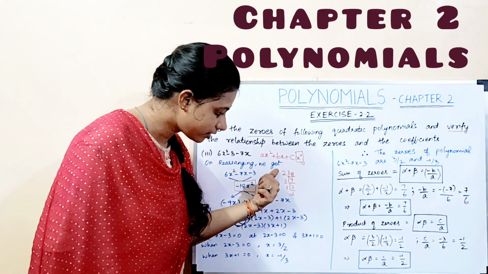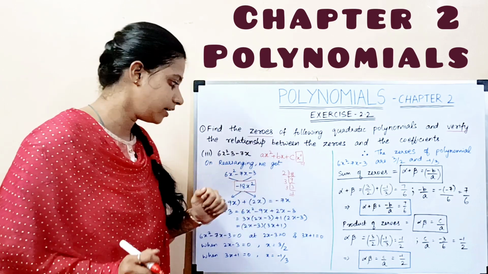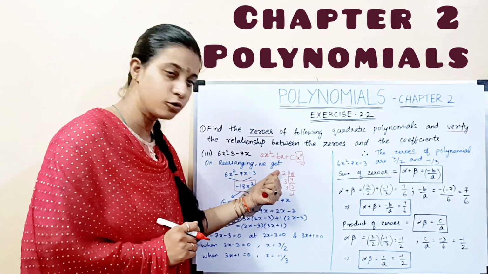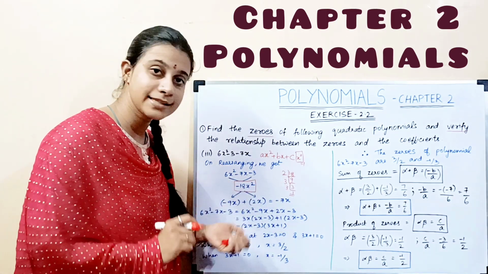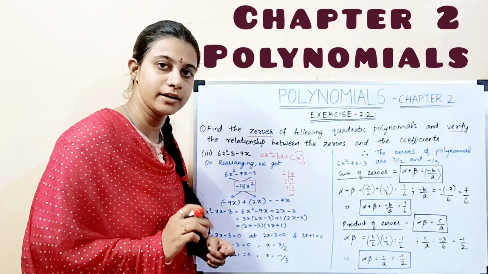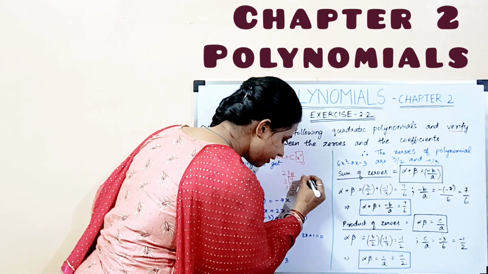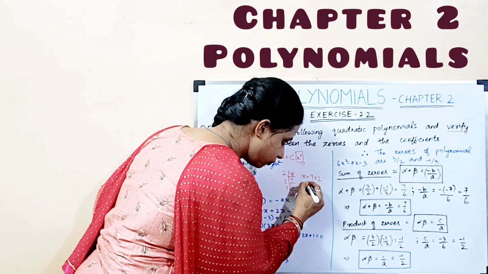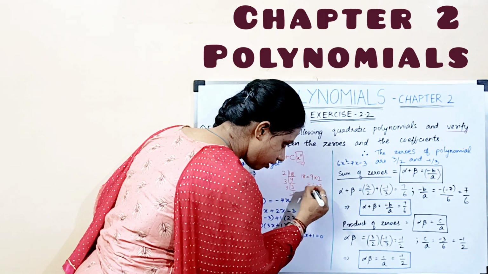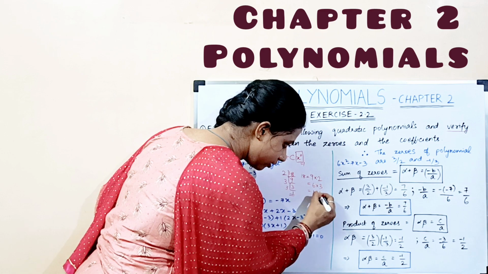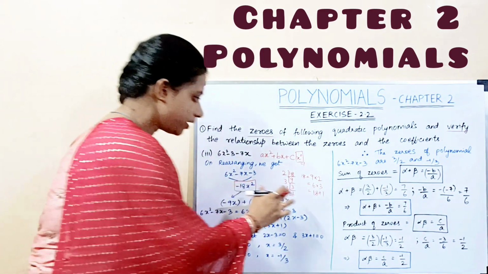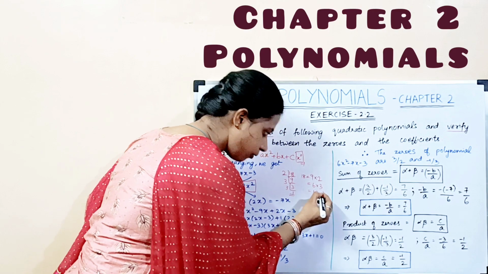So we have factors 2, 3 and 3. Either we can write it as 9 into 2 or we can write it as 6 into 3 or we can also write it as 18 into 1. We can write 18 in 3 different ways, either as 9 into 2 or 6 into 3 or as 18 into 1.